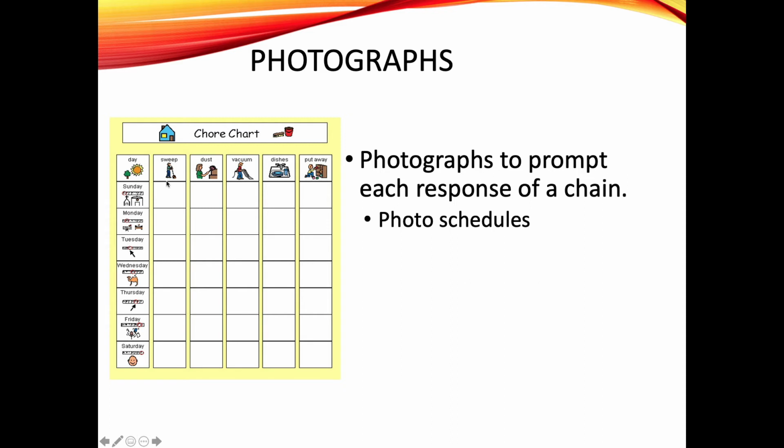And then again, maybe through our teaching and prompting over the past couple of weeks, they've learned to sweep. And the ultimate goal would be that they independently come over to look at their chore chart, sweep, and so forth. So one of the things that's interesting about these photographic schedules is we want the photograph to generate the correct response or the correct task to do.